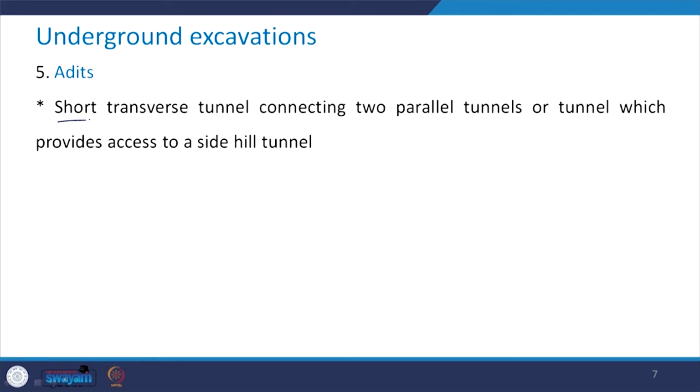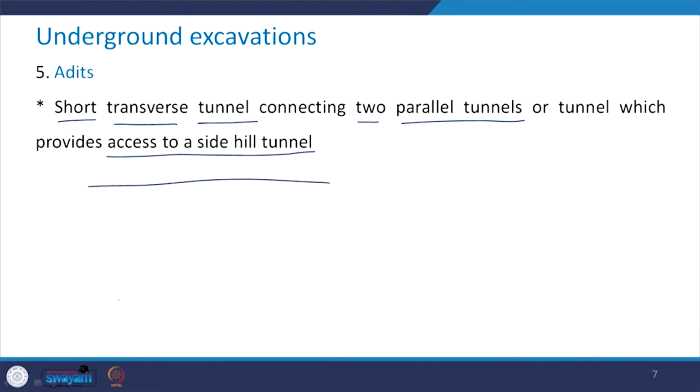These are short transverse tunnels which connect two parallel tunnels, or a tunnel which provides access to the side hill tunnel. See, this is how it looks like. Let us say that in the plan, say this is a plan where this is foot of hill, and obviously this will also be foot of hill.